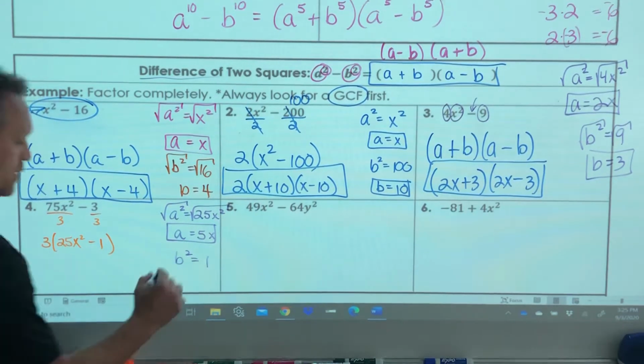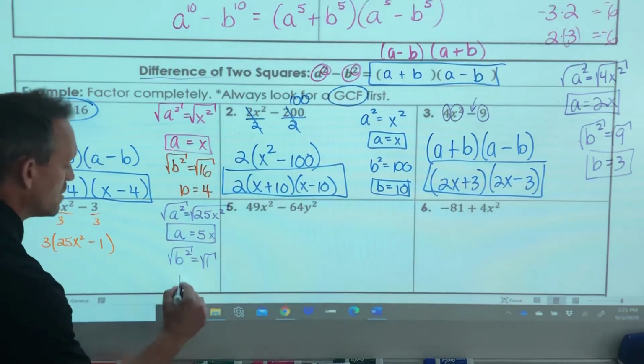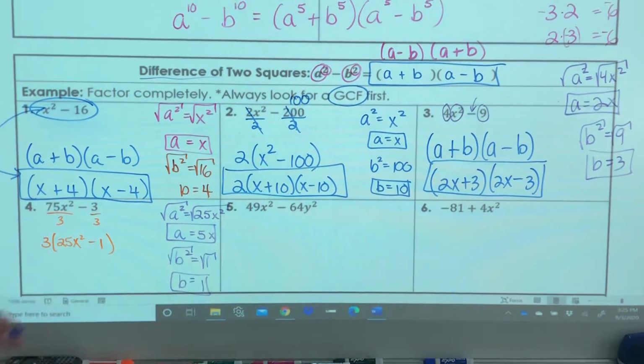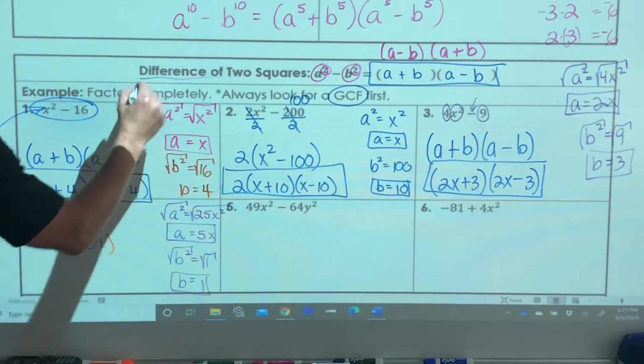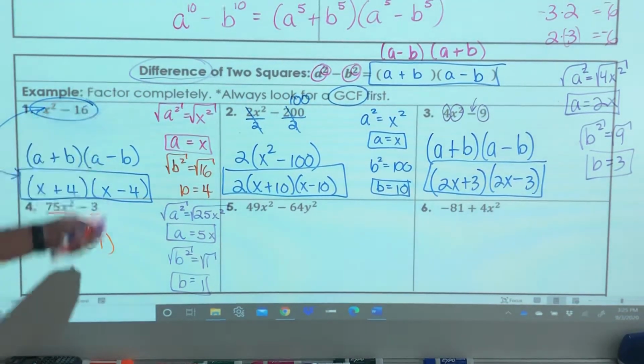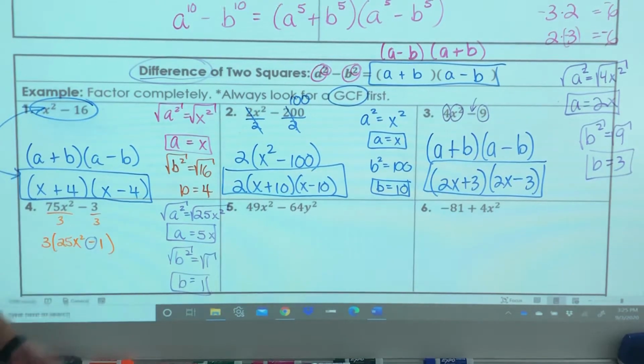Now b squared equals 1. Oh, look how tricky this one is. Square root of each side. Square root of b squared is b. Square root of 1 is 1. That's not i there. That's not the square root of -1. That's the square root of 1. Do not write that negative. That negative only determines the difference. Do not put b squared equals -1 there, and don't say b equals i.